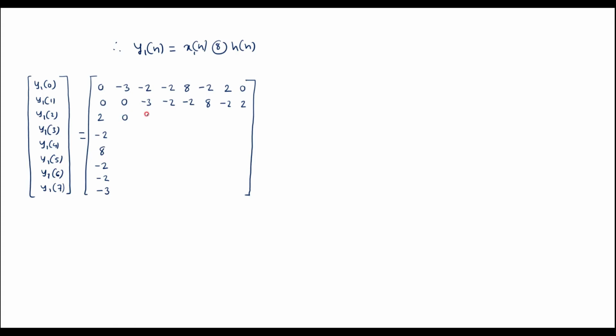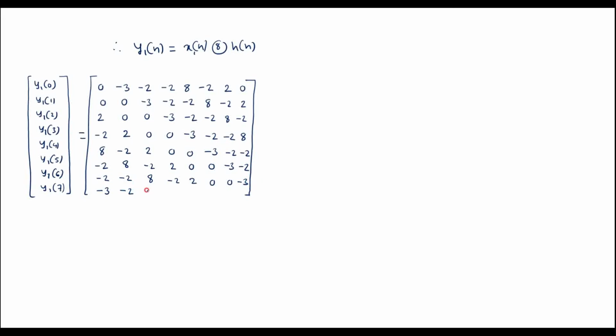Similarly, this 0 is written here, this 0 is written here, minus 3, minus 2, minus 2, 8, this is minus 2, this 2 should be written here, 0, this is 0, minus 3, minus 2, minus 2, 8, this is minus 2, this is 2, 0, 0, minus 3, minus 2, minus 2, then we have 8, minus 2, 2, 0, 0, minus 3, minus 2, then we have minus 2, 8, minus 2, 2, 0, 0, minus 3, minus 2, minus 2, 8, minus 2, 2, 0, 0.